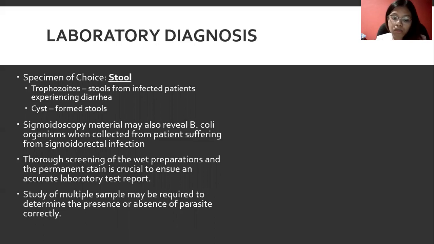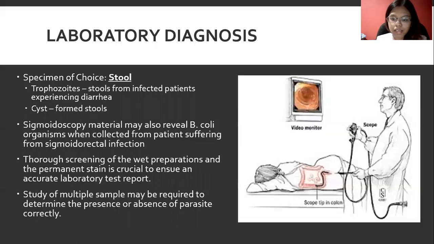So, study of multiple samples may be required to determine the presence or absence of the parasite correctly. Yung nasa picture po is example ng sigmoidoscopy. Pinapasok po yung camera sa loob ng puwet po ni patient. Then, makakarating po yung camera hanggang sa colon po ni patient. Then, titignan po.